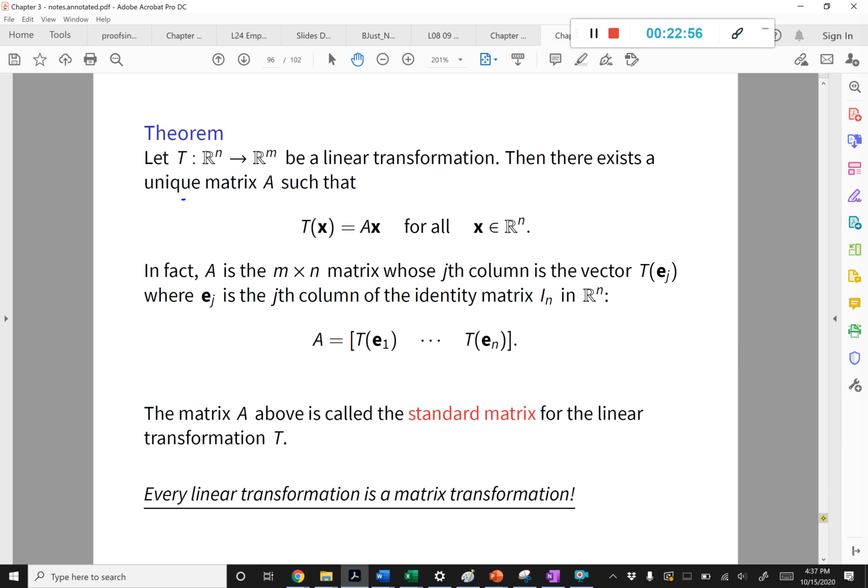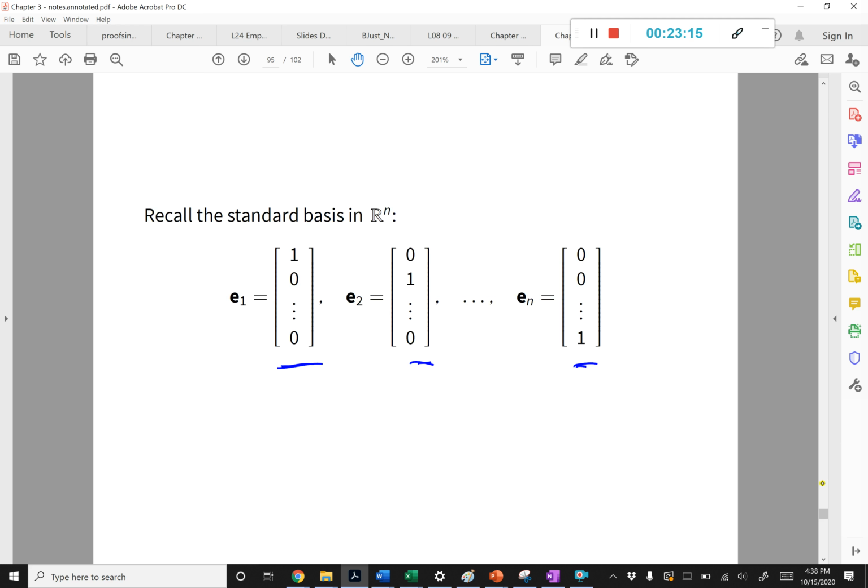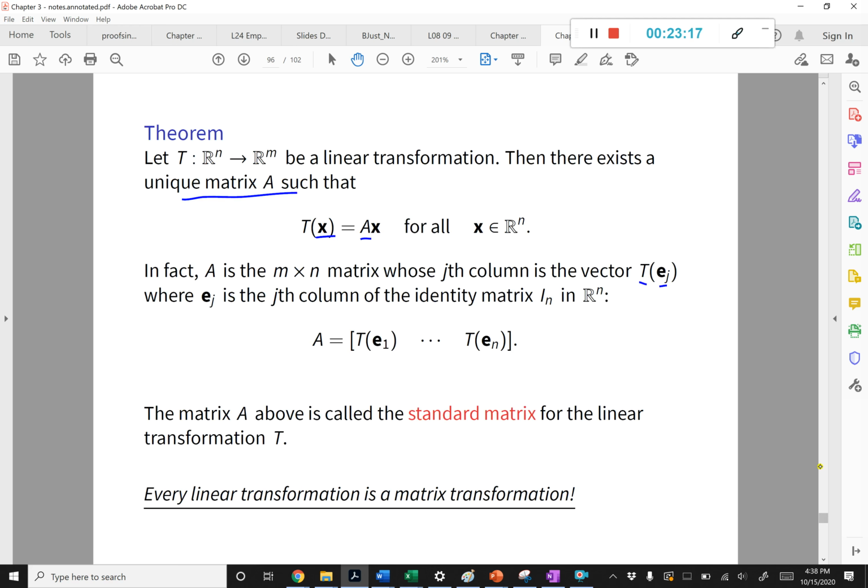Then there exists a unique matrix A such that T of x equals A x for all x in Rn. In fact, A is the m by n matrix whose jth column is the vector T of Ej, the transformation of the jth standard basis vector, where Ej is the jth column of the identity matrix In.